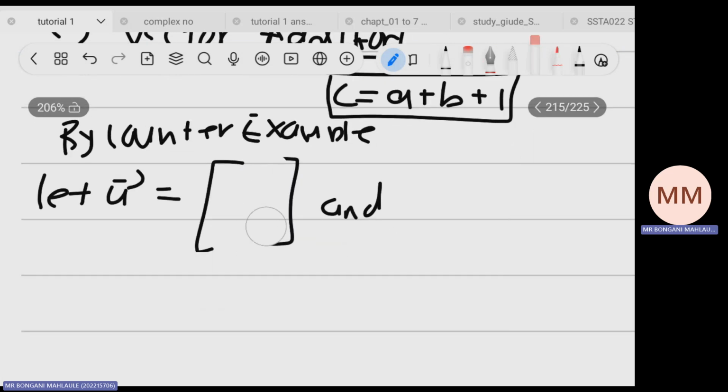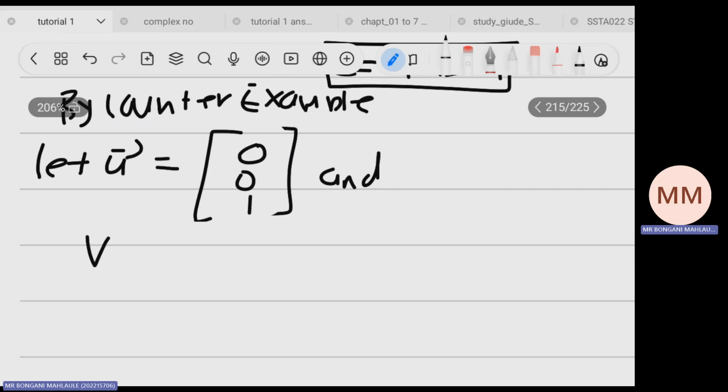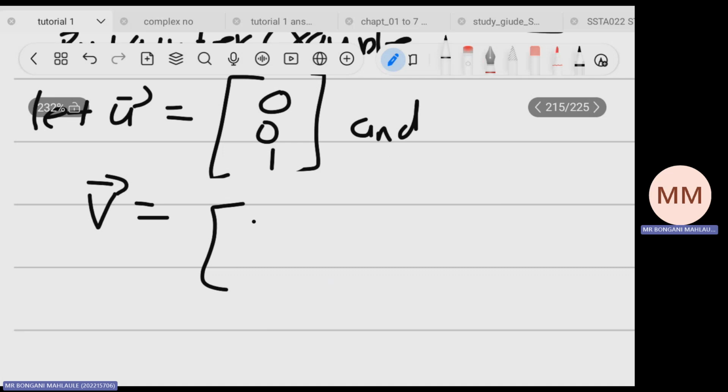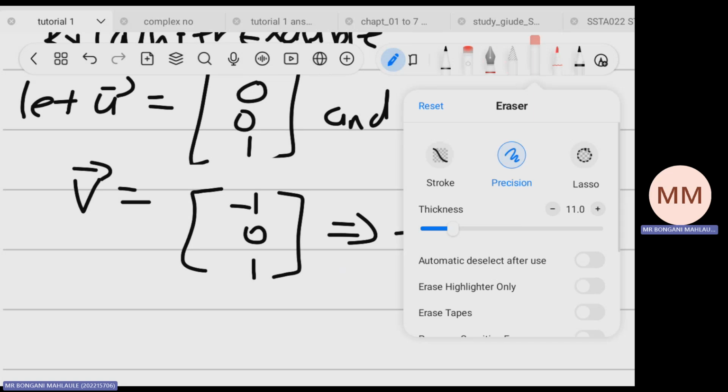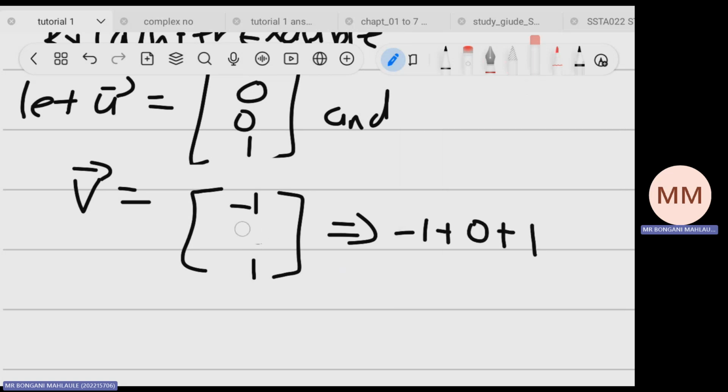You can let U to be (0, 0, 1) so that this can work, and V, let's say, (negative 1, 0, 1). We know that this will be negative 1 plus 0 plus 1, oh, this will give us 0. I wanted the one, oh, here we can say 2 on the second position.